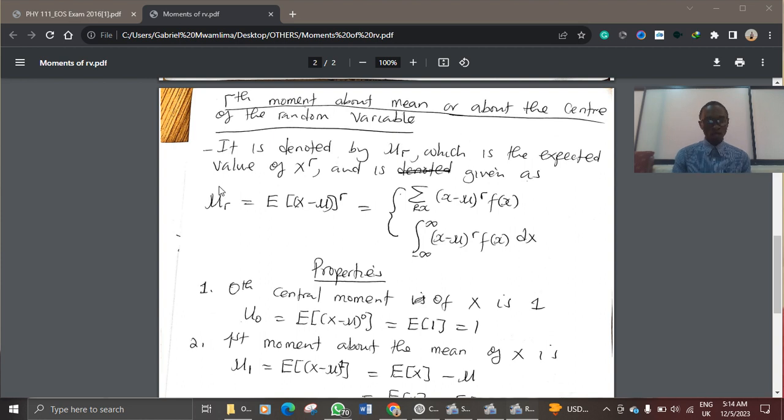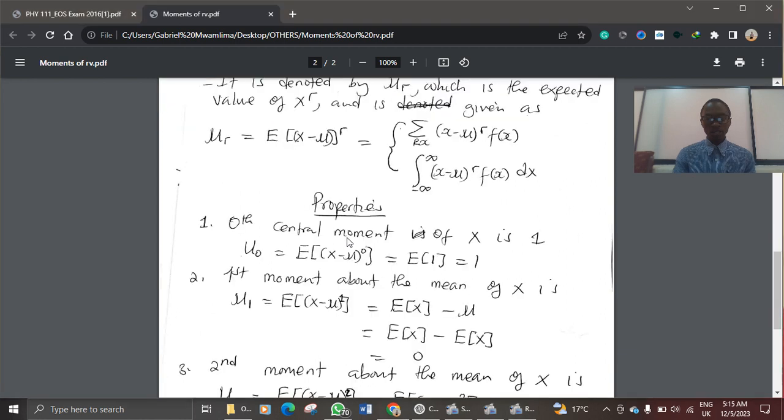So mu r is equal to the expectation of (x minus mu) raised to the power r, and we look at two parts, discrete and continuous random variables. For discrete random variables, we have the summation of (x minus mu) raised to the power r times f of x, and for continuous random variables, we have the integral of (x minus mu) raised to the power r times f of x dx.